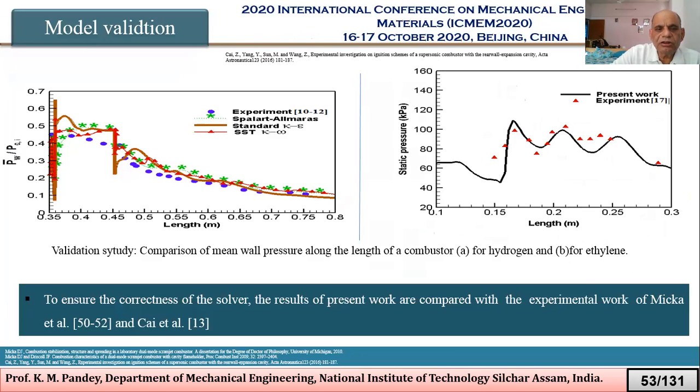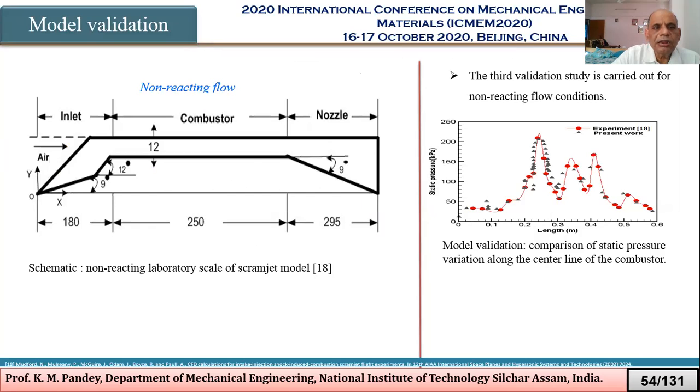Then model validation, we have done grid independence test also. And we have a validation study for comparison of mean wall pressure along the length of the combustor for hydrogen and for ethylene also, with experiments done by MICA-ETL and CAI-ETL. And here for non-reacting flow, we can see that the inlet is there, then the combustor, then the nozzle.